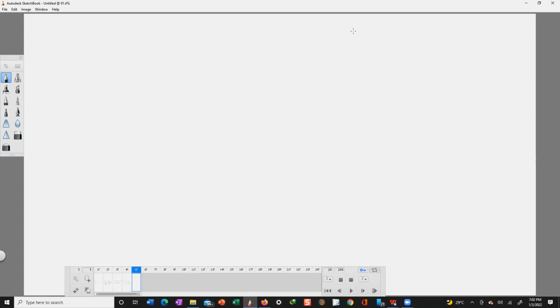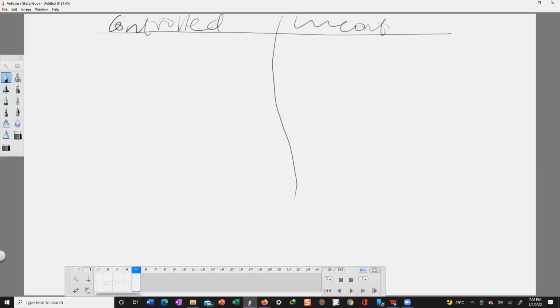So if here is your table, you can put here controlled transactions, and here uncontrolled transactions. Then you can start by putting them where they are supposed to be.